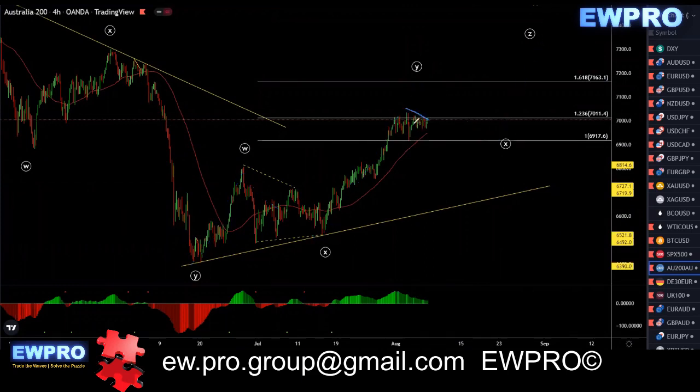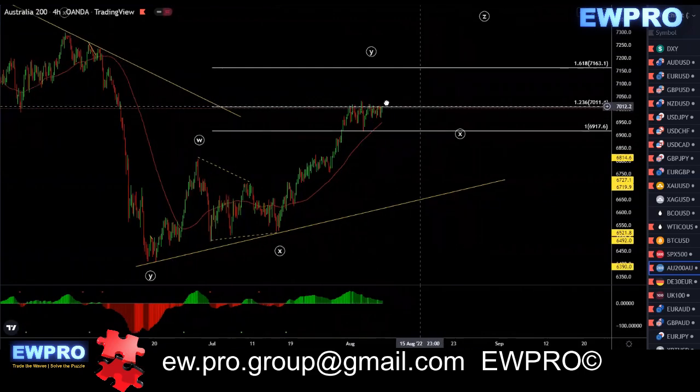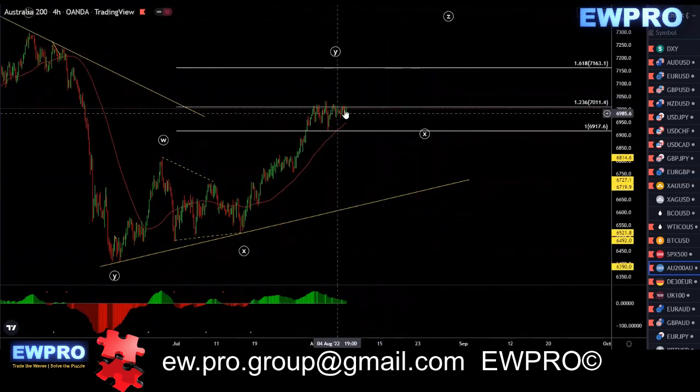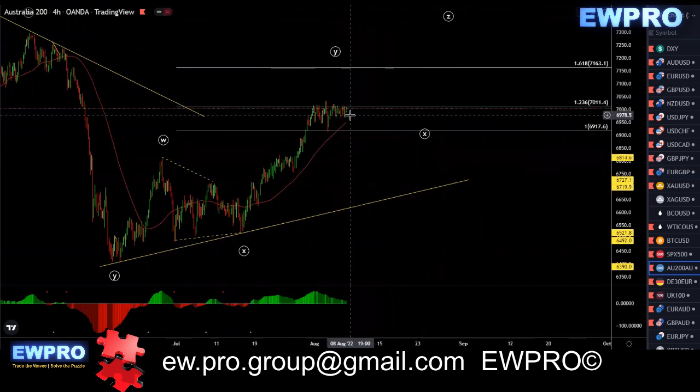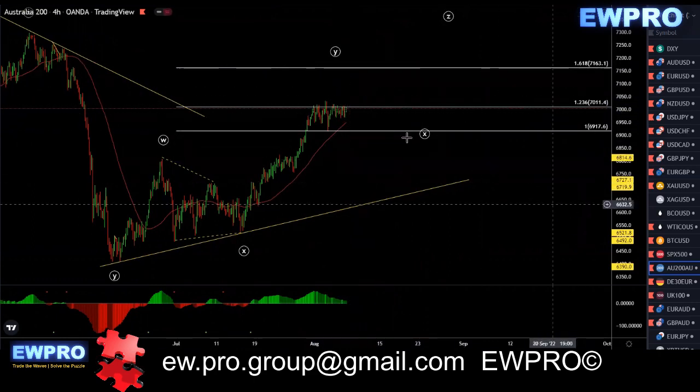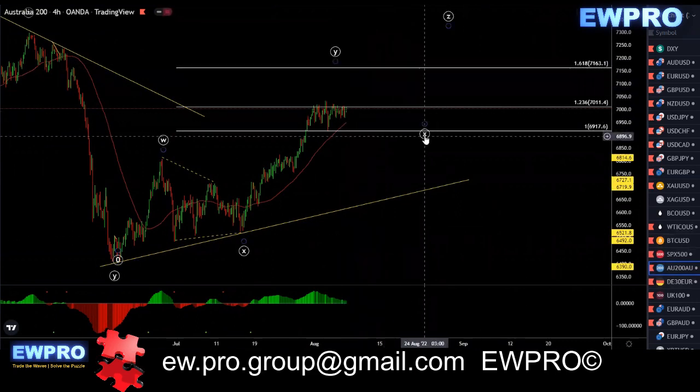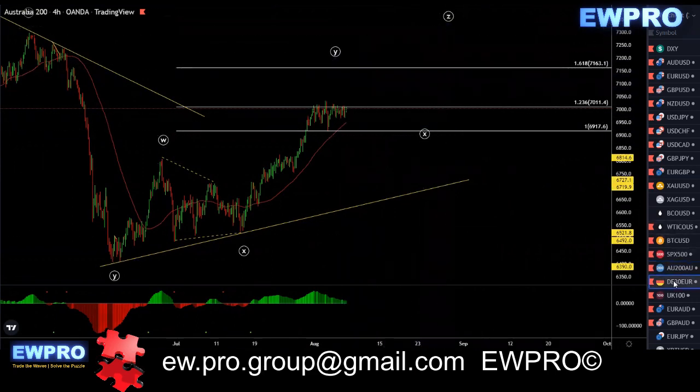This is still looking bullish up here. And we can get up to that 161.8. So, you could look to buy this, keep a very tight stop, and just scalp it. And then you'd be looking for the X2 and then the Z up.